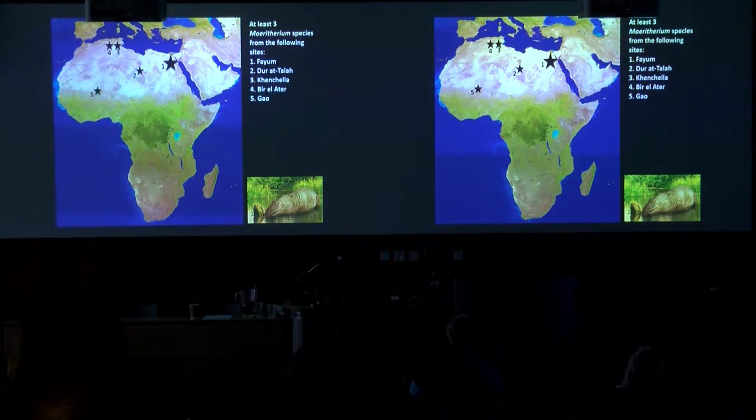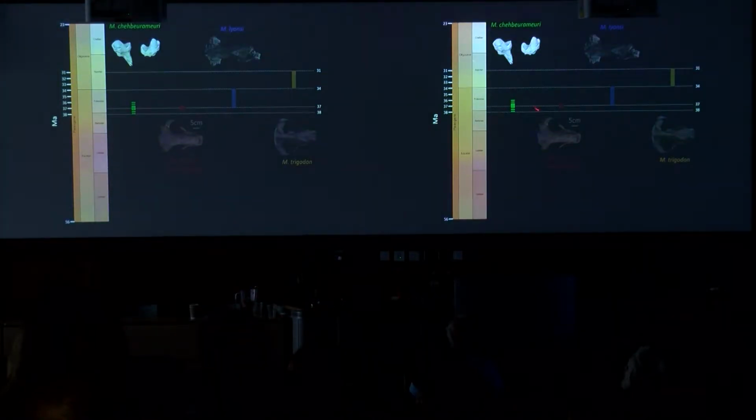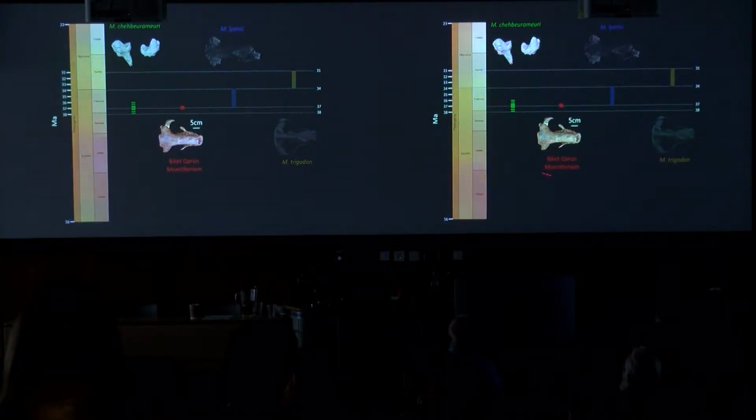So if we now have a look at some of the temporal ranges, we'll start with one of the oldest, Moeritherium chebarameri. This is only known from teeth, and it's been dated at around 37 million years old, but there's a little bit of uncertainty around those dates. We have our Birket Qarun Moeritherium, dated really well at about 37 million years, so overlapping with Moeritherium chebarameri.